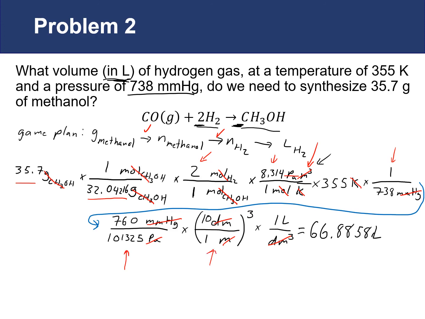So that means that we will have a total of 3 significant figures when we're all done. So the volume of hydrogen as our answer would be 66.9 liters. That would be our end answer.